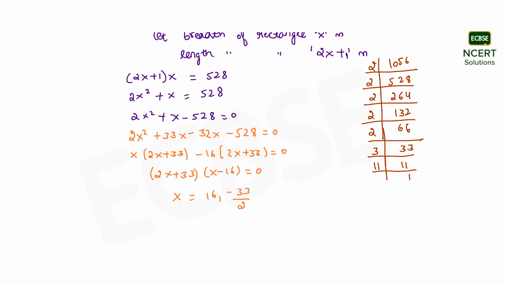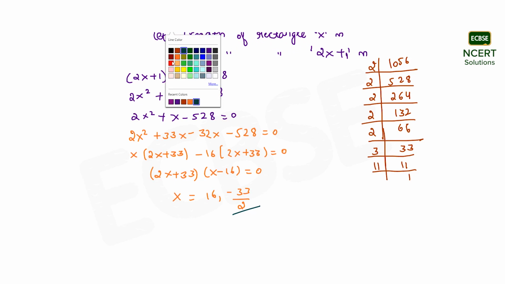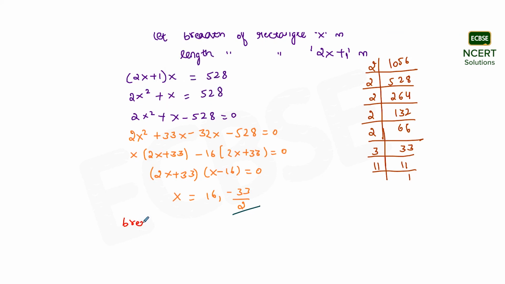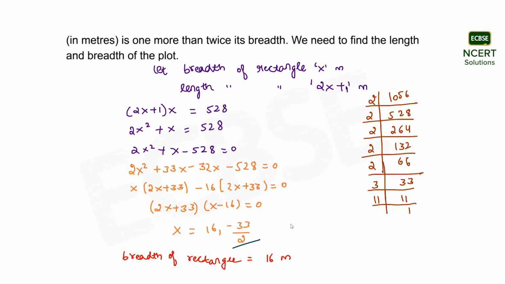As we know, the length or the breadth cannot be a negative value, as practically we cannot get the length or the breadth to be negative. So the only valid value for x will be 16. Means x has the value 16, and as I have assumed that x is the breadth of the rectangle, the breadth of the rectangle comes out to be 16 meter, right?